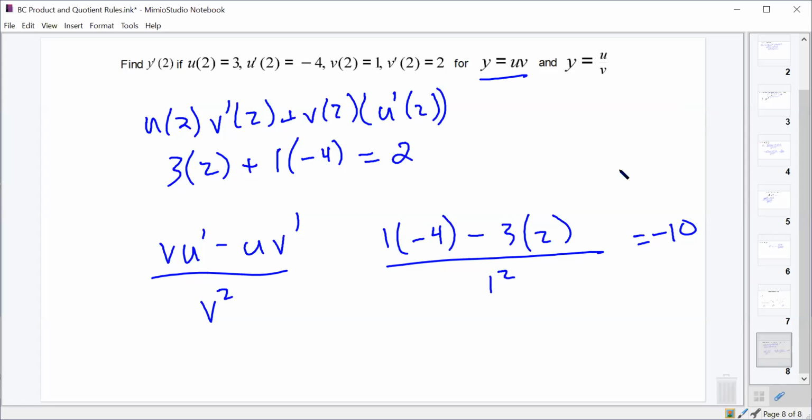Either way you want to write it is good. Everybody good with those? Product rule, quotient rule, reciprocal rule, places where the derivative is undefined. All right, moving on.